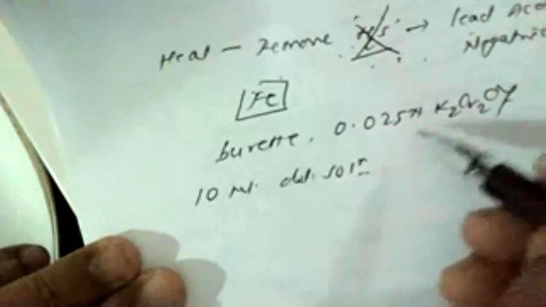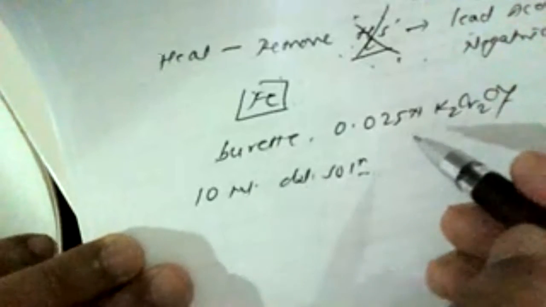To this solution, we have to add 2 ml concentrated HCl solution, and we have to boil this solution till it turns yellow in color. When the solution turns yellow, it indicates that ferrous ion is completely oxidized into ferric state.